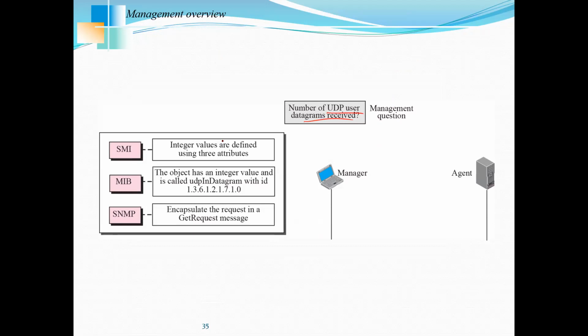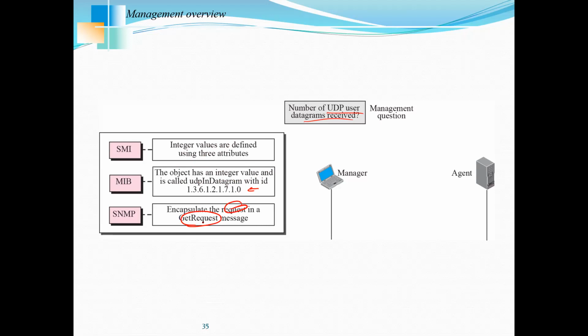Well, the SMI defines the integer values. Then the MIB says the object has an integer value and is called UDP IN datagram, and it has this OID. And then SNMP just encapsulates the request in a GET request, right?